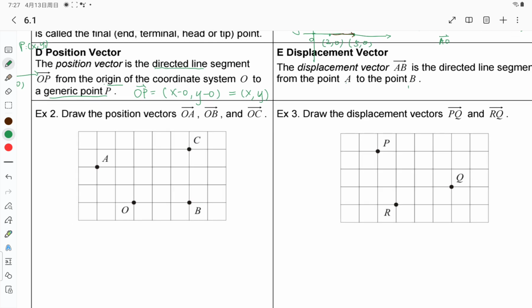Example 2: draw the position vectors OA, OB, OC. I think we did something similar before.